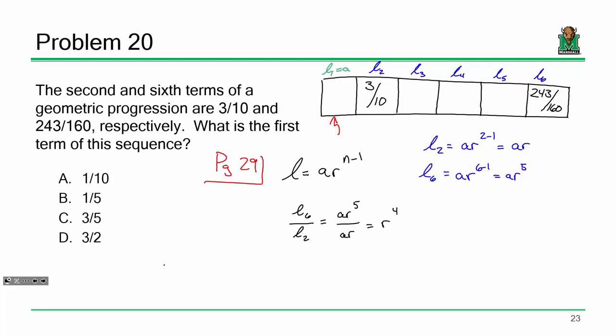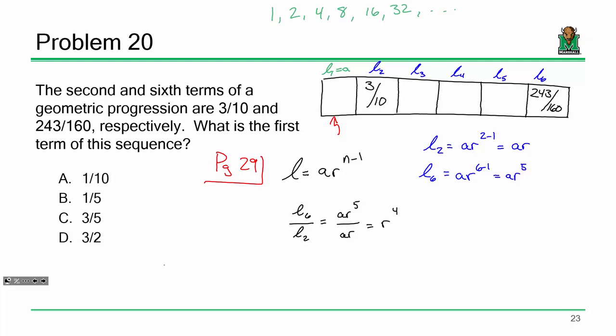Like a geometric progression might be something like 1, 2, 4, 8, 16, 32, etc., right? What's the R in this series up here? It's 2, because you keep multiplying each term by 2, right? So look, to get from L3 to L2, you multiply by R, right?